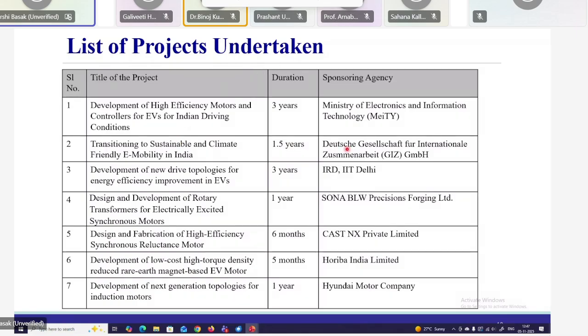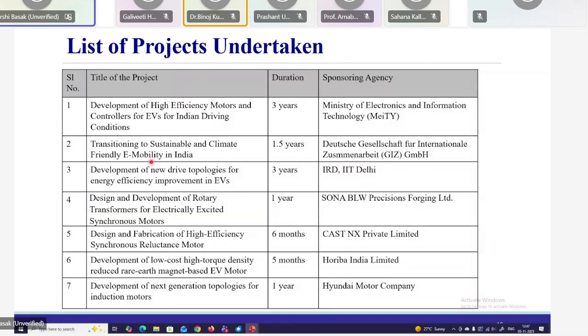Then we had a project with CIZ, which is not a developmental project. It is something like knowledge dissemination, where we talked more about different charging methodologies.